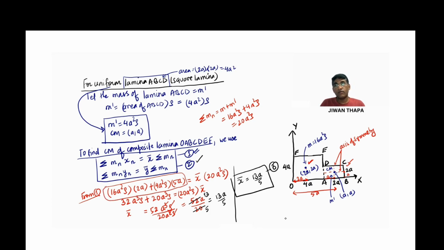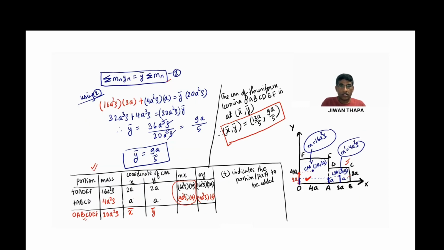So what we get when we add it? We get this, okay. So this equals 20a square rho times x bar.